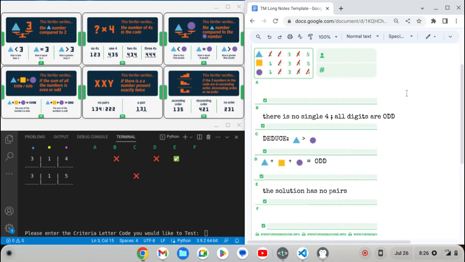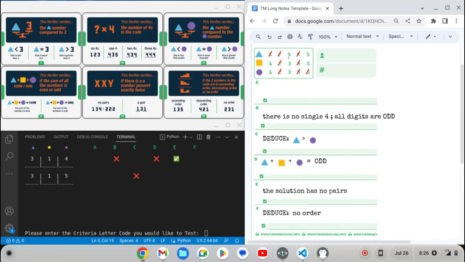Okay, so let me go ahead and type it up, that I'm going to deduce no order. That means what are possible solutions?